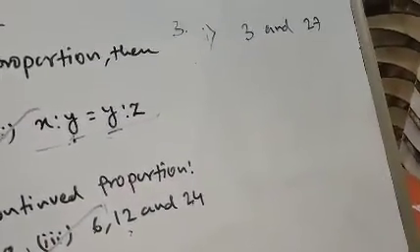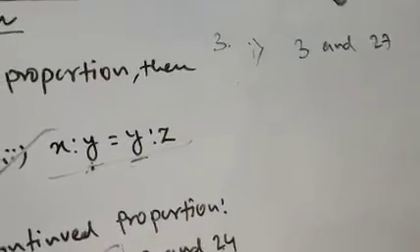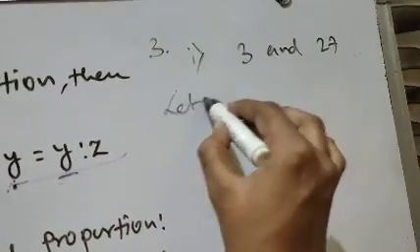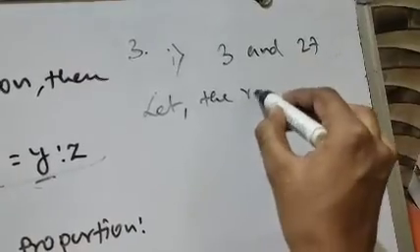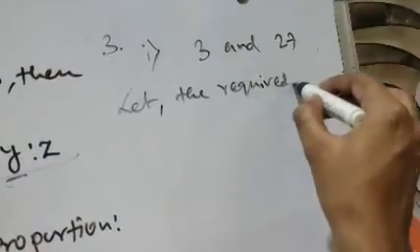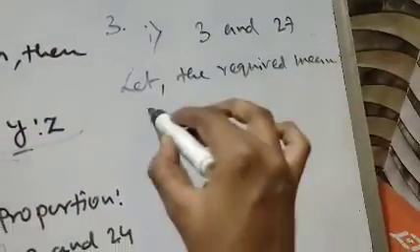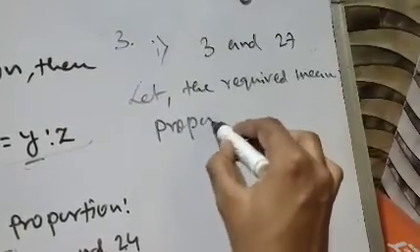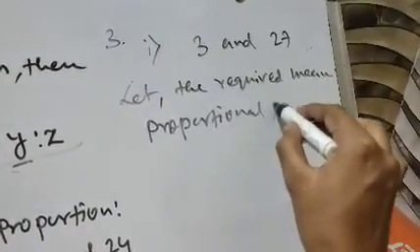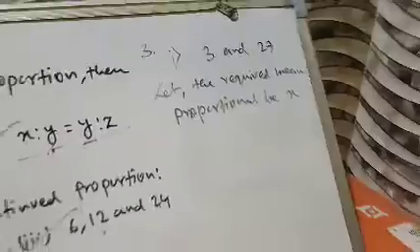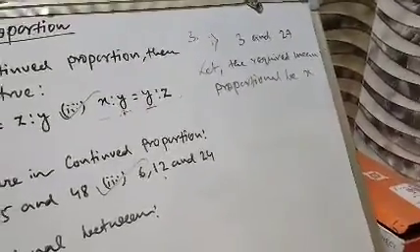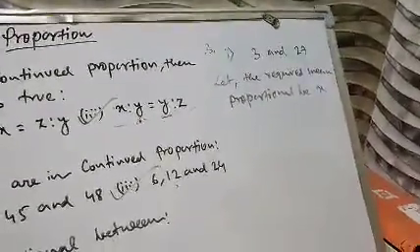Let the mean proportional be x. Let us assume that the required mean proportional is x. We have assumed that the mean proportional between 3 and 27 is x.